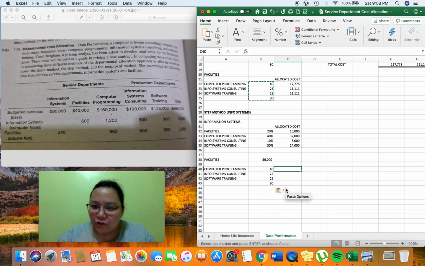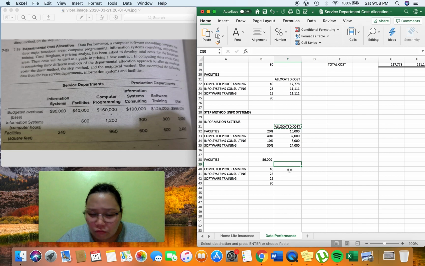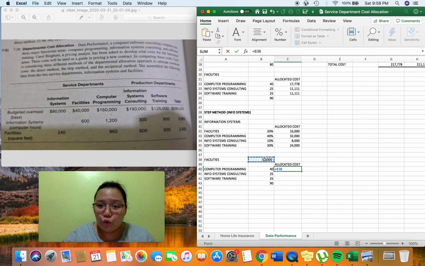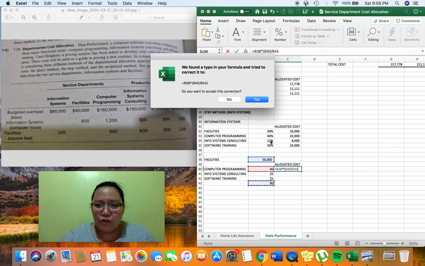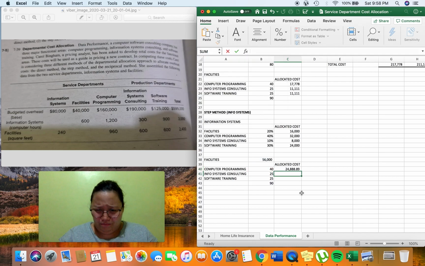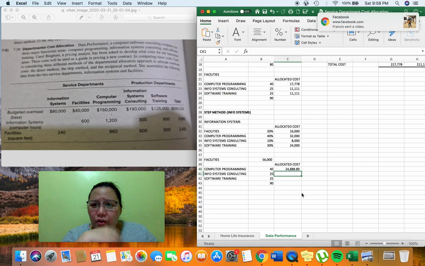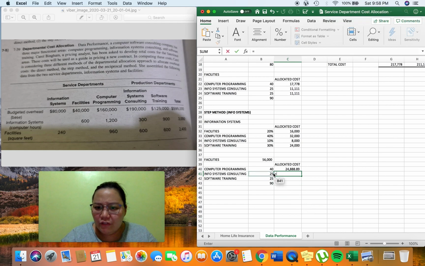So, to compute for the allocated cost, we have 56,000 new total cost of the facilities department multiplied by 40 over 90. Medyo butal din to, I think. So, we have 24,888.